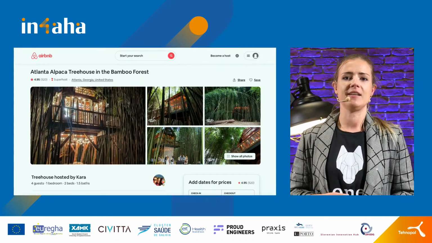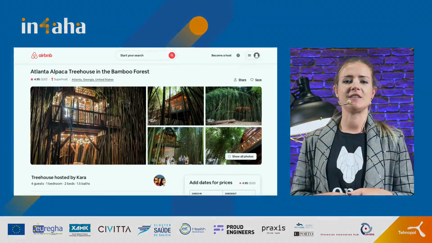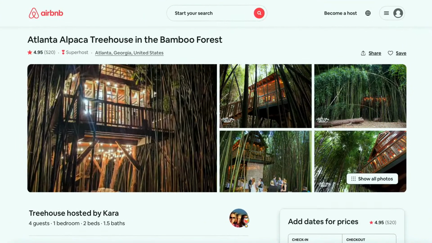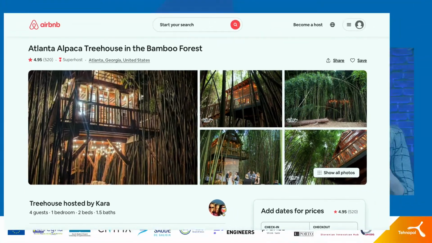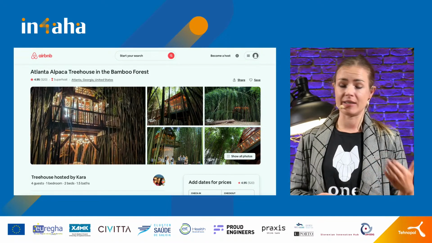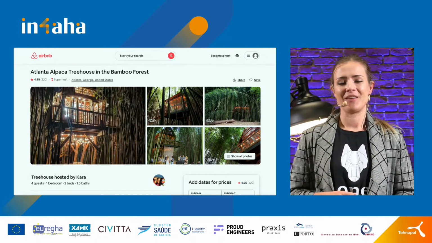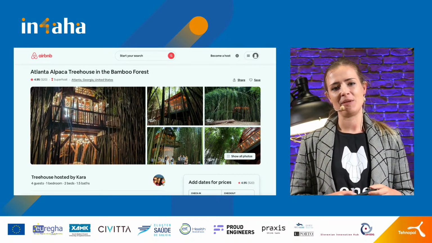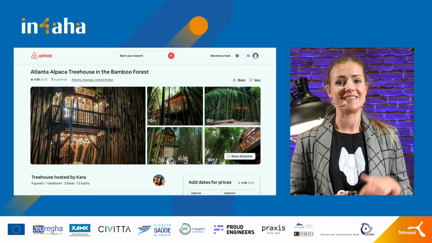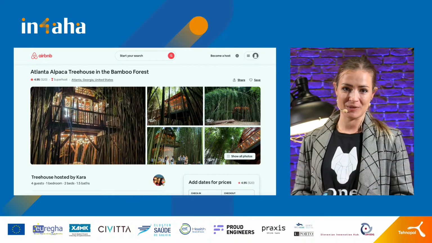And here's a nice little case study from a very famous service called Airbnb. For those who don't know Airbnb, its business model is that you can rent out a place and people can come and stay there. One of the crucial things that Airbnb learned is that they had skipped the stakeholder engagement.